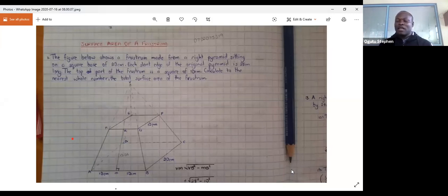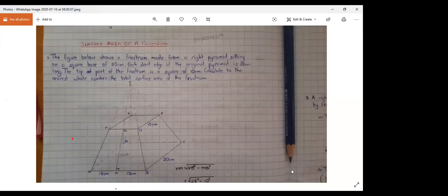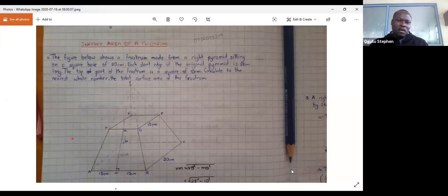So we have been given the capital L, but we can use the linear scale factor of BC and HG, or you can use AD and HE, or DC and EF.